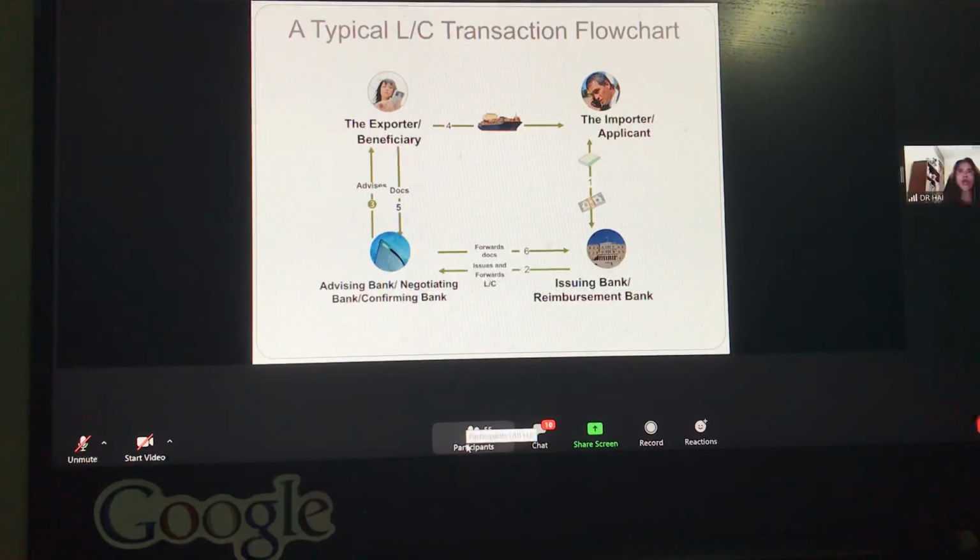And we have two types of negotiation: negotiation with recourse and negotiation without recourse. Next lesson, we will use time to discuss the differences between them. But now I mean that if the nominated bank negotiates the documents, that bank becomes the negotiating bank.